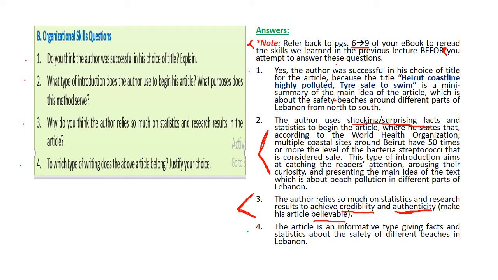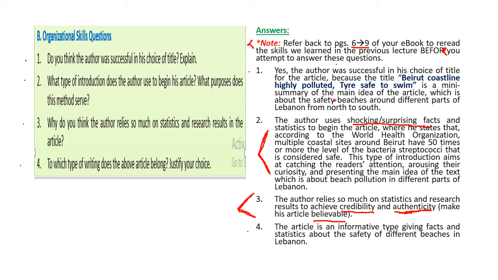Number 4, to which type of writing does the above article belong? Again, I will give you this in detail next time also. Remember the 4 types of writing ever since 7th grade, okay? To narrate, to persuade, to describe, and to inform. Here the author is not narrating, he's not telling us a story, he's not describing, it's not a descriptive writing.